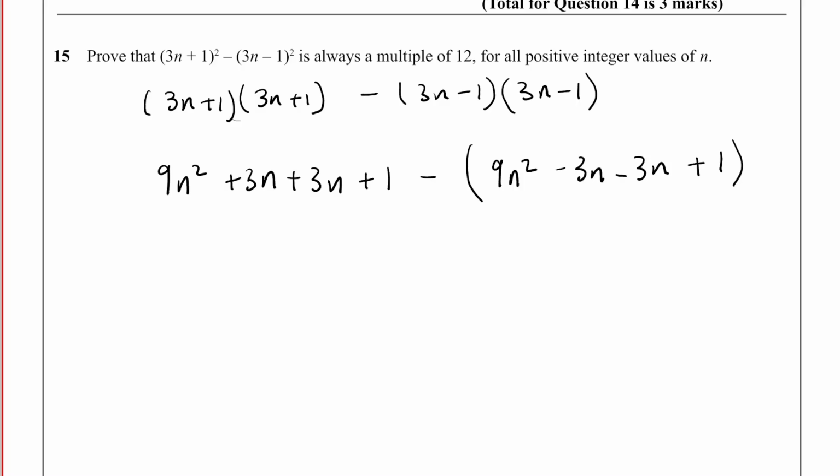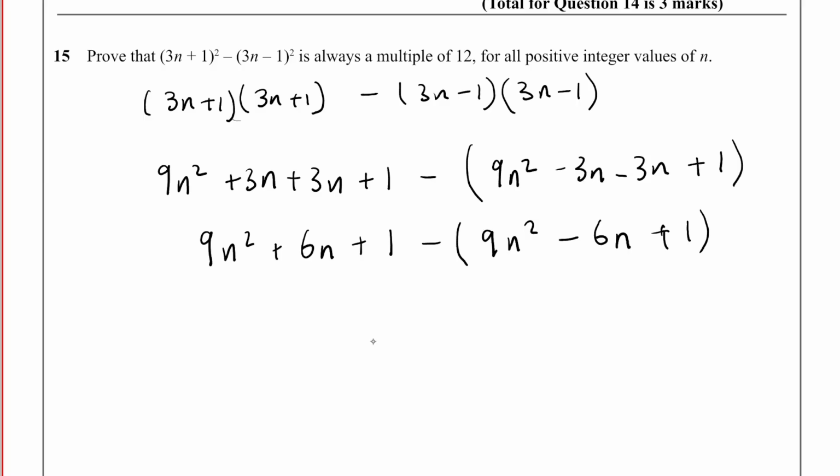And negative times a negative makes a positive. So negative 1 times negative 1 is positive 1. I will collect the like terms. So 3n and 3n make 6n. And minus 3n minus 3n is minus 6n.